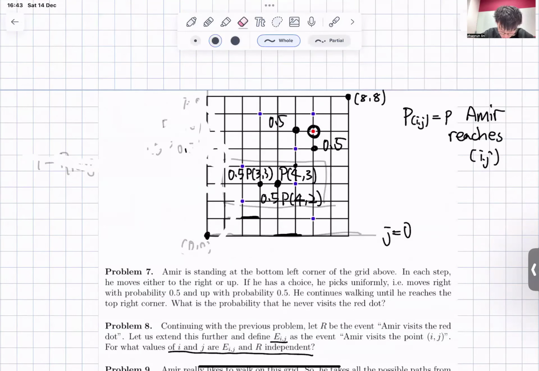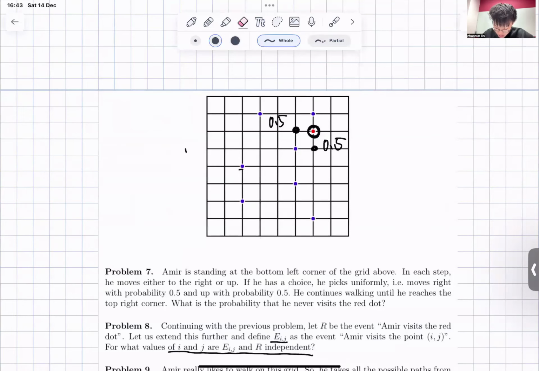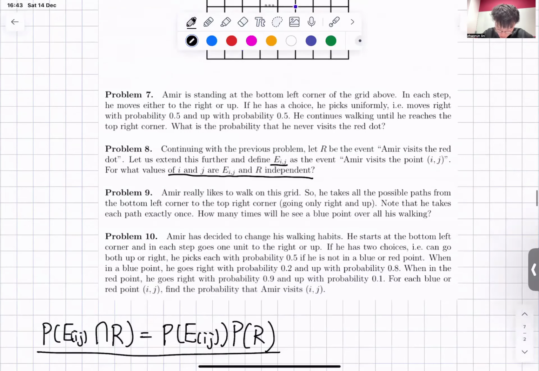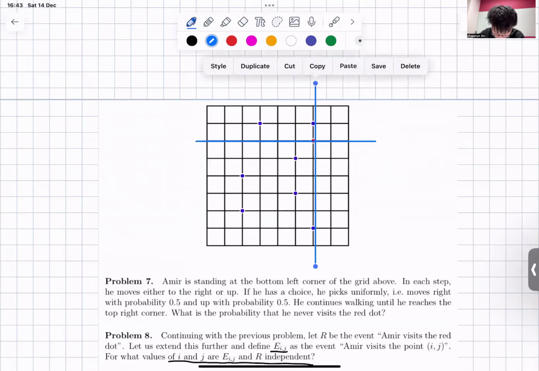But let me just erase this. So we can use a strategy. We can divide this grid into 4 parts based on this red point.